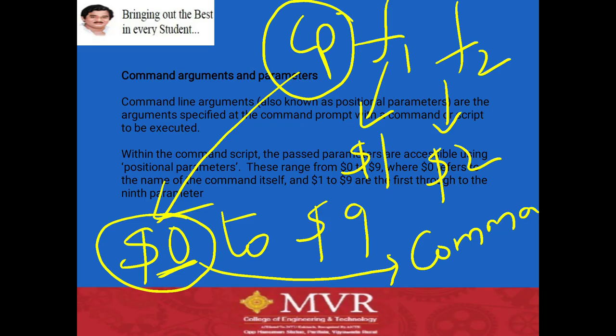So remember one thing here, if there are more than 10 arguments, only the first 10 will be stored. And remember, the first positional parameter $0 always contains the command, and the remaining 9 positional parameters will contain the first 9 arguments of the command. Remember that.